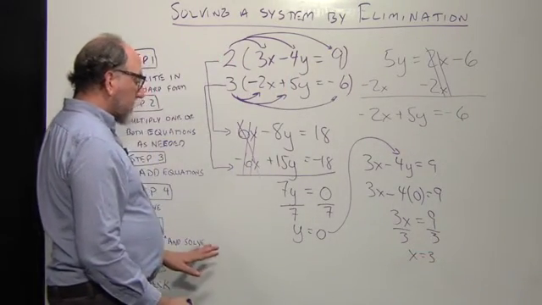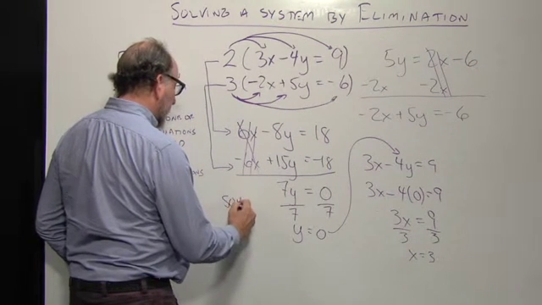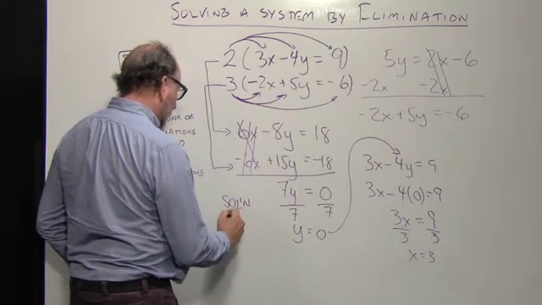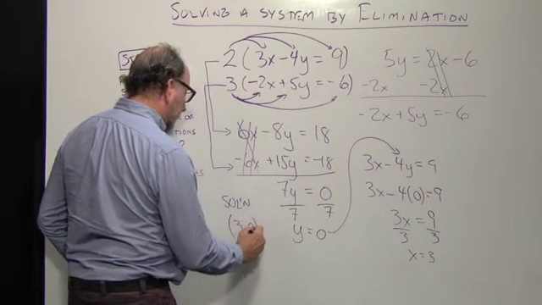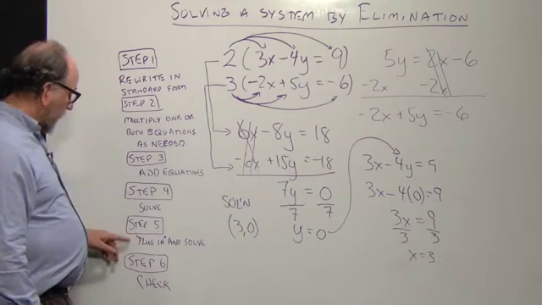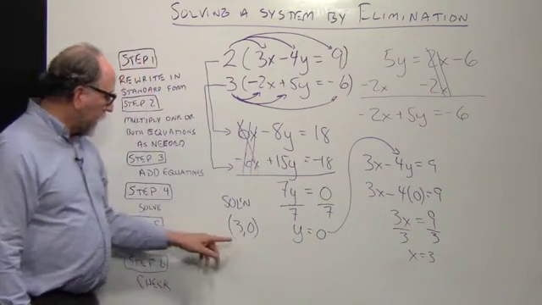So the final solution for this system is the ordered pair where x is 3 and y is 0. So we did step 5, plugged in that value of 0 and solved it.